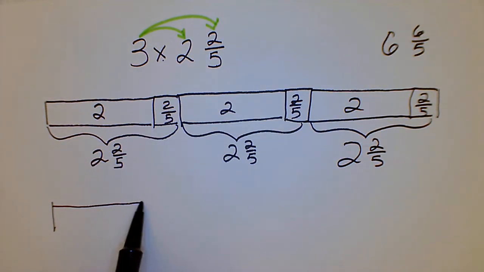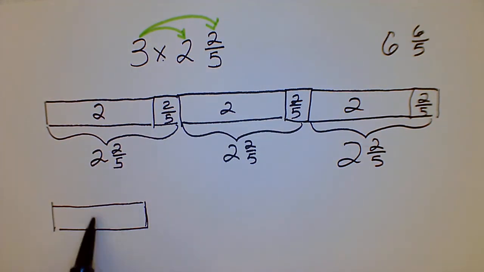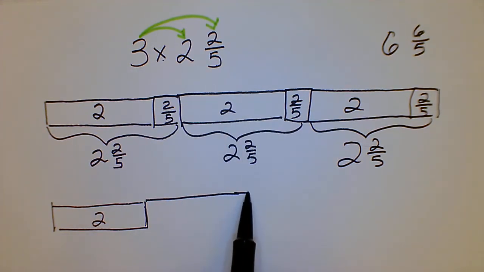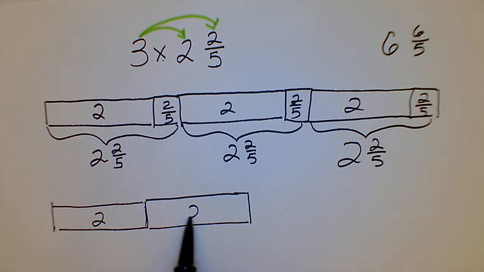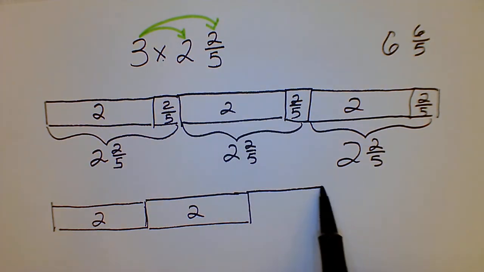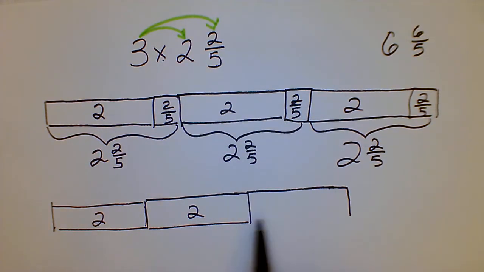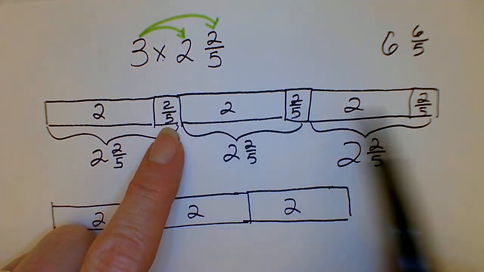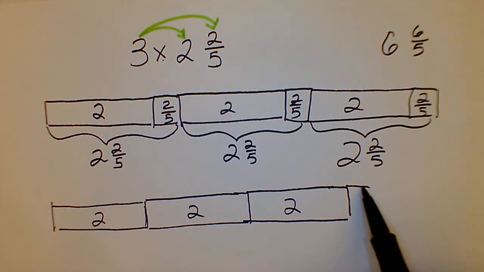Here's our first 2. Now I'm going to put our second 2 right next to it. And then I'm going to put our third 2 right next to that. So now we have 2, 2, 2, next to each other. And now let's put our 3 fractions here, 2/5, 2/5, and 2/5 next to each other.